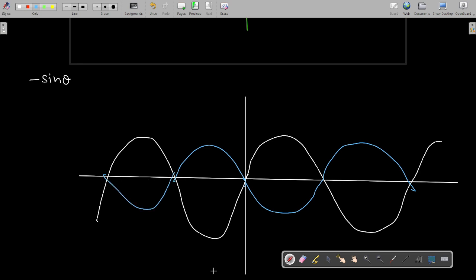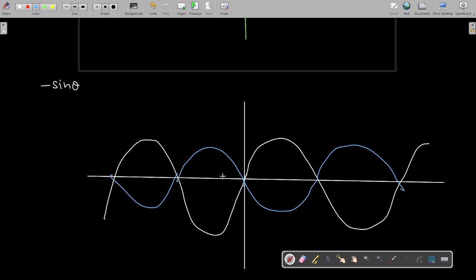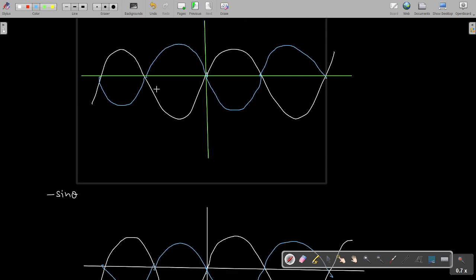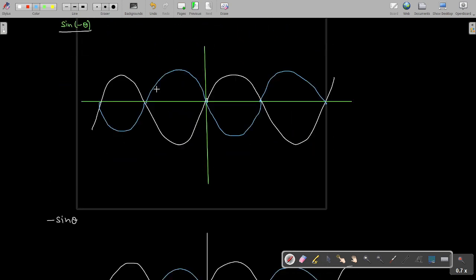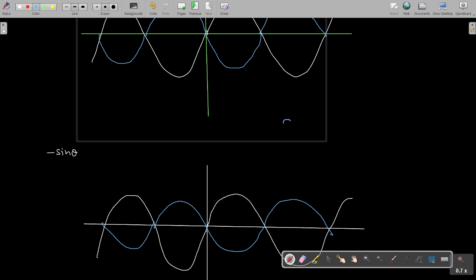Now the important point is that the final graphs in both of the cases are the same, right? Yeah, it's the same. So it means that f of minus x is the same as minus f of x. What are these kinds of functions called?